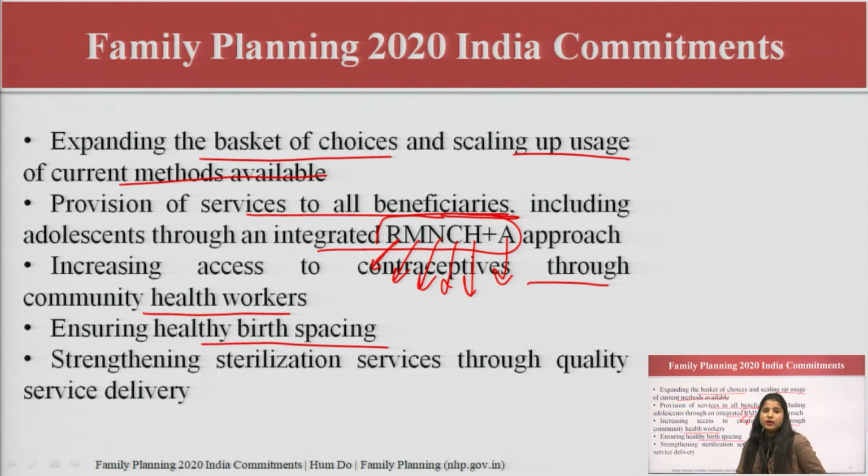Now, ensuring healthy birth spacing. I told you we are not focusing only on controlling the population, we are also talking about healthy birth, a healthy population. So, ensuring healthy birth spacing. Strengthening sterilization services through quality service delivery.